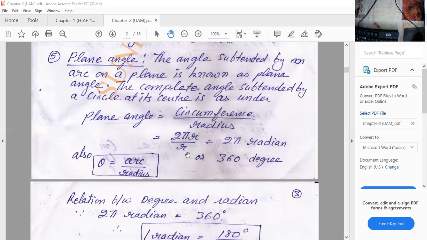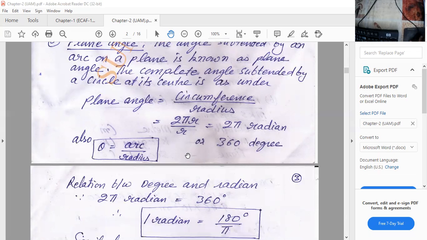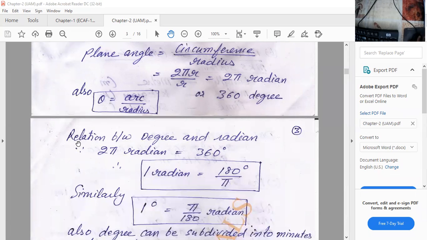So we can write here, as far as conversion is concerned, a relation between degree and radian. 2 pi radians is equal to 360 degrees, or 1 radian is equal to 180 upon pi degrees, right?